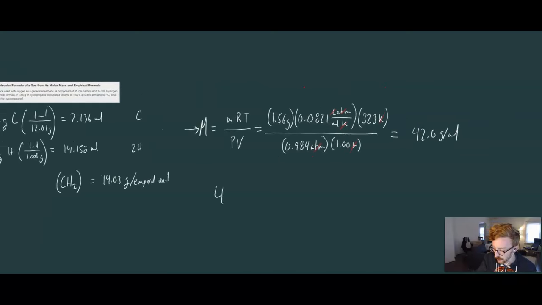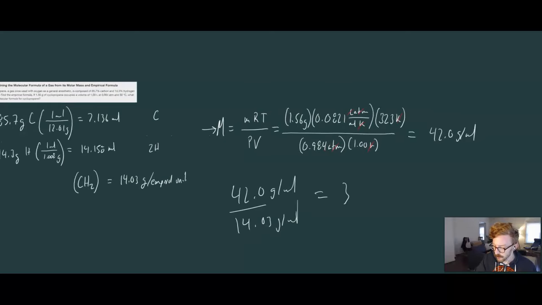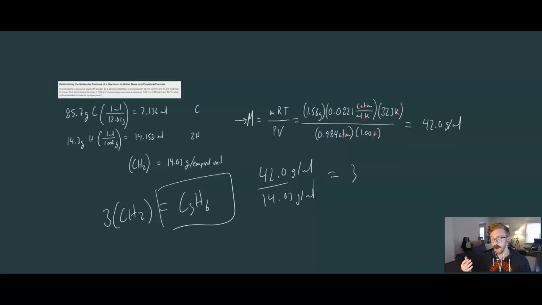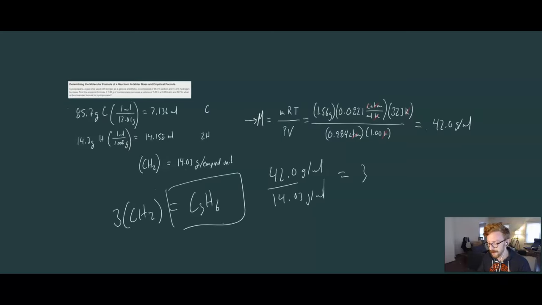So we take 42.0 grams per mole, divide that by 14.03 grams per mole, and what you get is 3. So we multiply our empirical formula by 3 to get the molecular formula C3H6. So you see, this is a powerful analysis method.